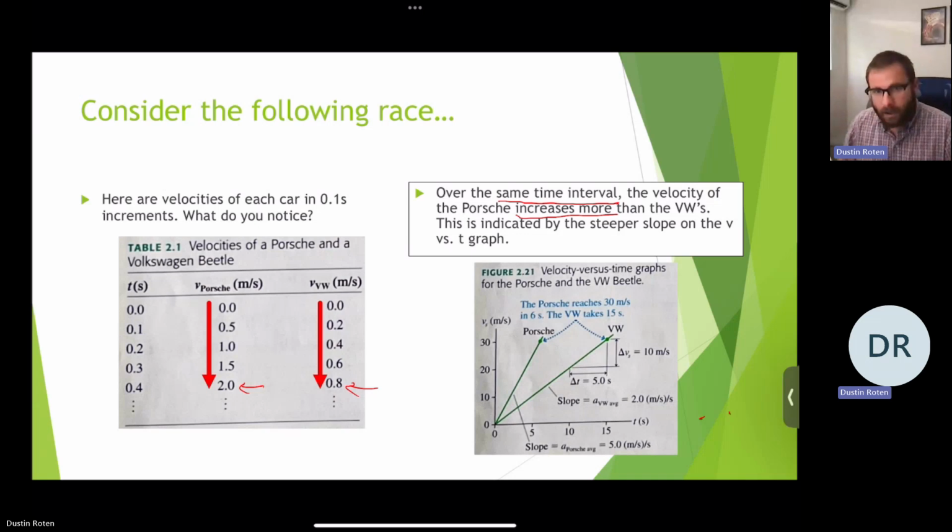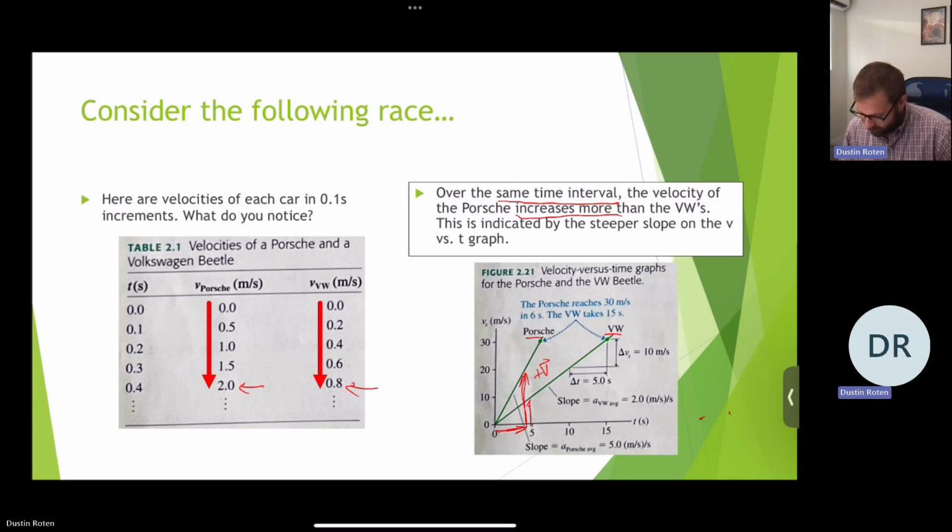You can see down here we have the velocity of the Porsche and the velocity of the Volkswagen. In the case of the Porsche, as we move over in time, for each time step we're adding more velocity. So this is going to be a bigger plus v than what the Volkswagen is adding.